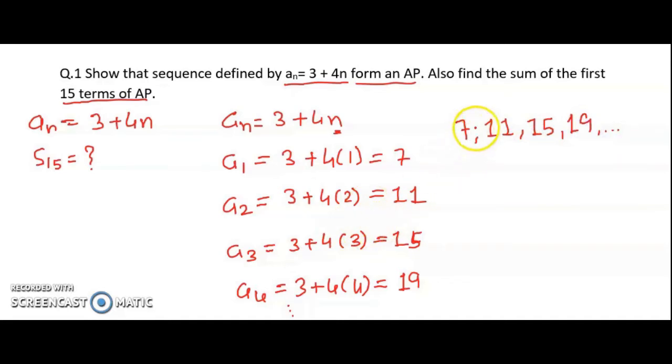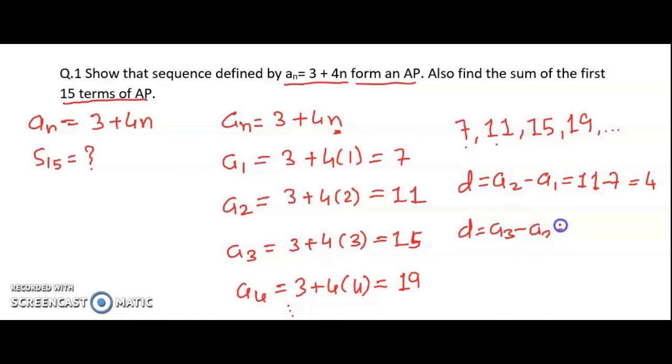If you observe, the difference between successive numbers remains the same. Here if you find the difference between the second term and first term, the second term is 11, first term is 7, so we get the difference 4. Same way, the difference between the third term and second term, 15 and 11, is also 4.